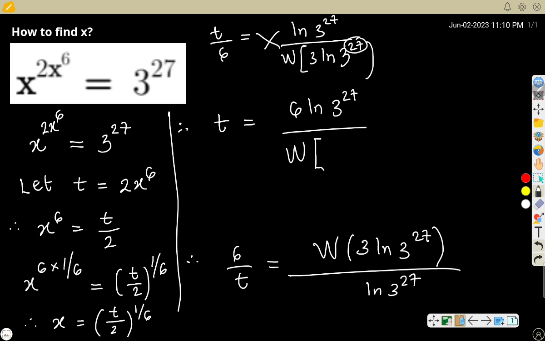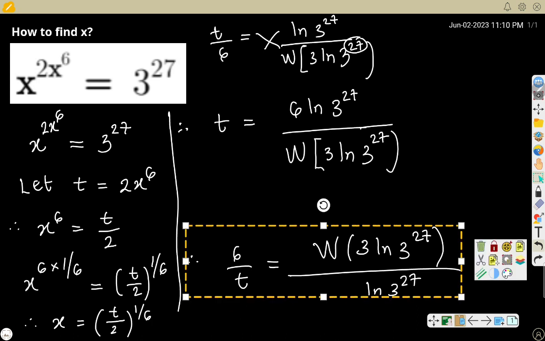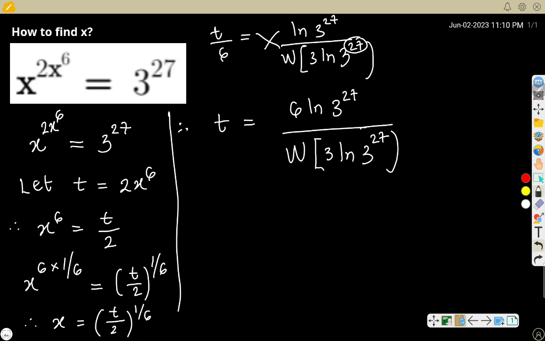This 27 can come down, so I'll do it for the two at the same time. So 3 ln 3 raised to power 27. So T is equal to, this 27 will come to the back.